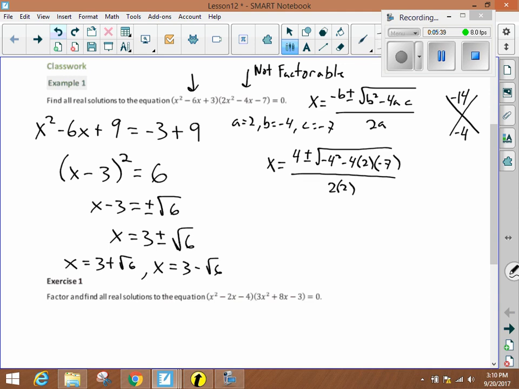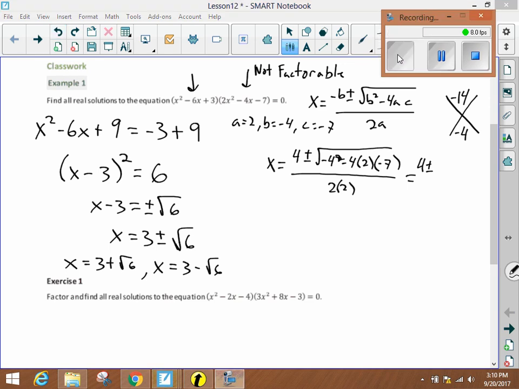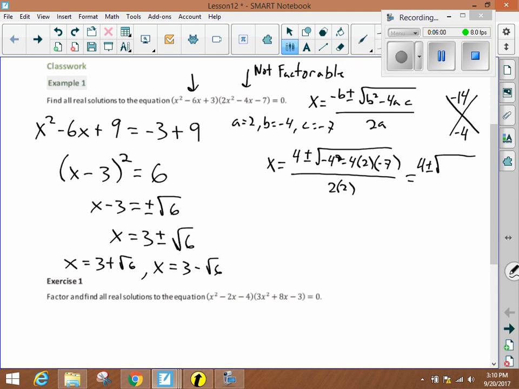Okay, let's work on simplifying this expression. 4 plus or minus the square root of... that's 16.